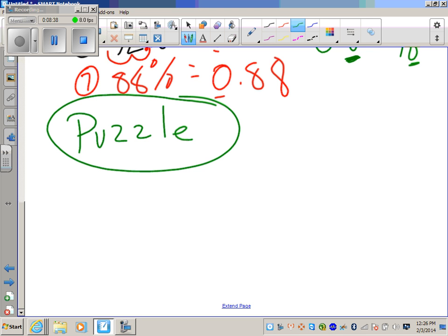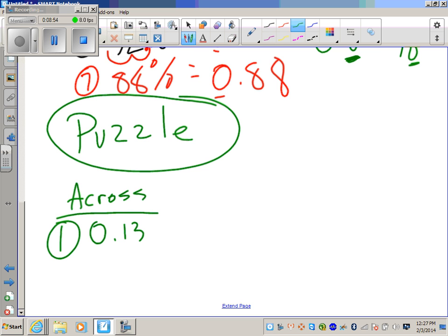Read the directions for the puzzle, Africa. What does it say? Okay, so one across is this, 0.134. So what we need to do is we need to put this into a percent.